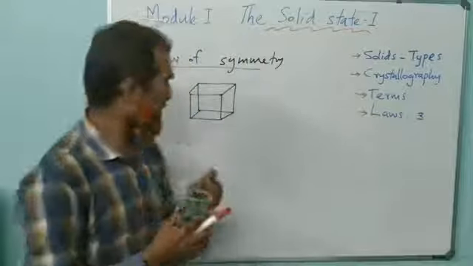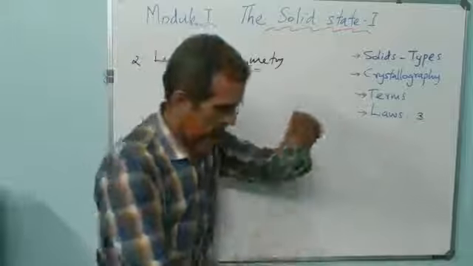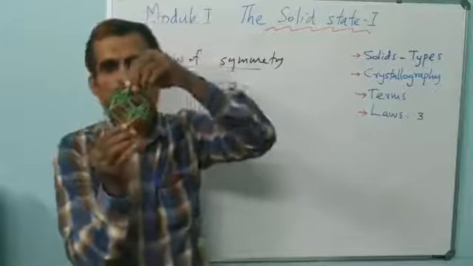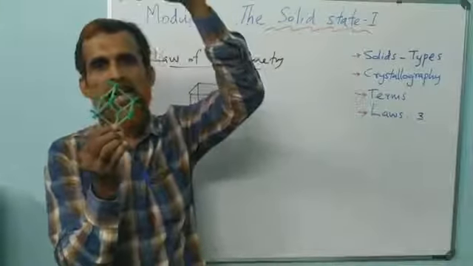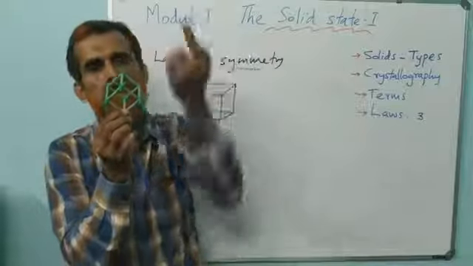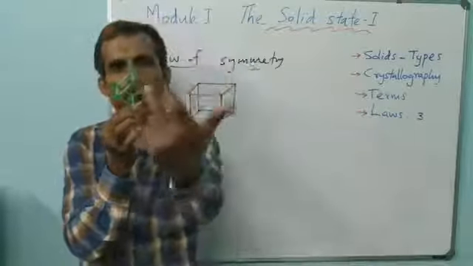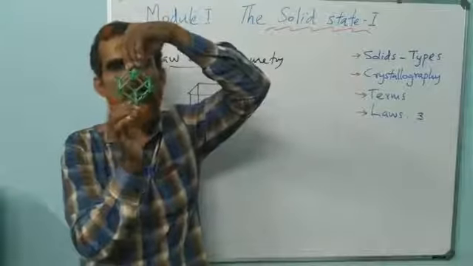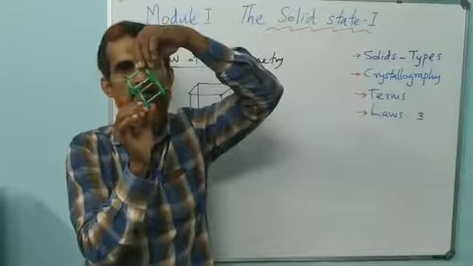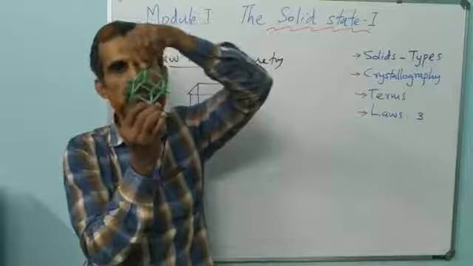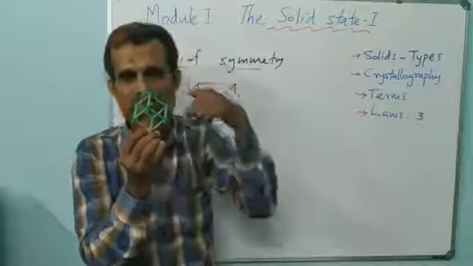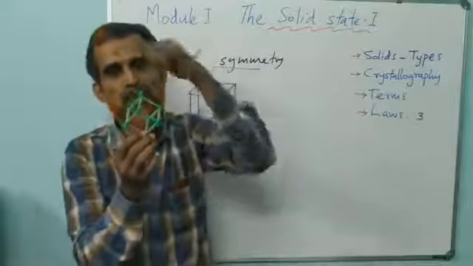Then coming to the next proper axis, consider an axis passing through opposite corners. Look from here and see how many times the same appearance is coming. What is this order? This is C3. So one C3 is obtained by joining opposite corners.